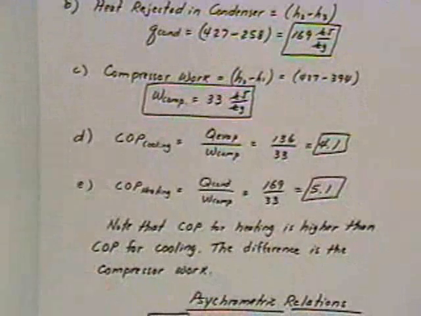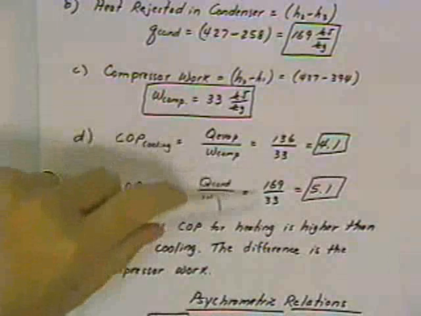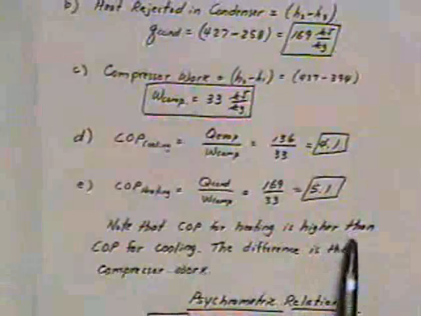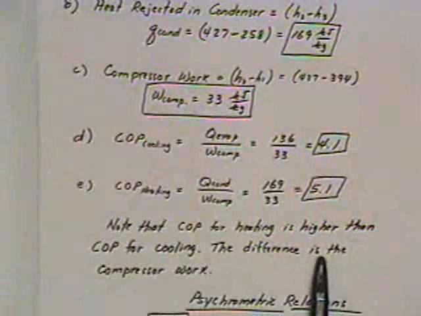And then COP for heating is the heat transfer in the condenser divided by the work of the compressor, so that's 169 over 33, which is 5.1. Now, I'll give you a little hint in working these problems. We know that the COP for heating is higher than the COP for cooling, and the difference is the amount of the compressor work.